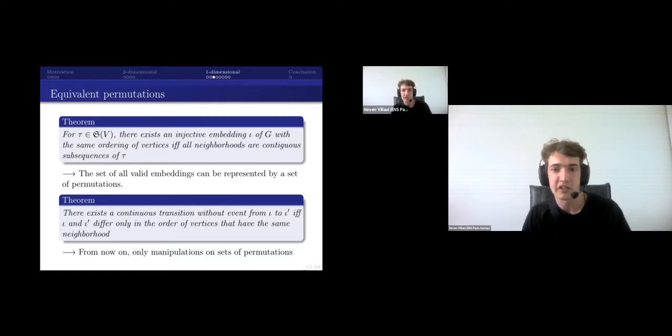And so it gives us an easy criteria for which changes in the permutations to allow in order for the underlying transition to respect the underlying physical model. And so thanks to these two properties, we will be able to focus only on manipulating sets of permutations, and we don't actually have to think about the underlying physical restrictions.